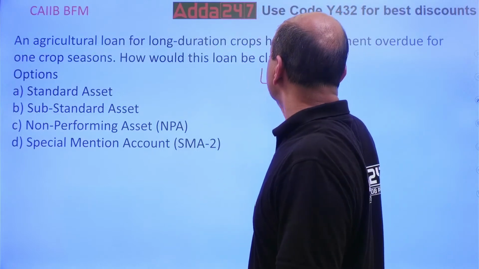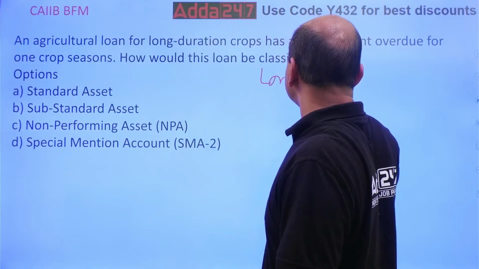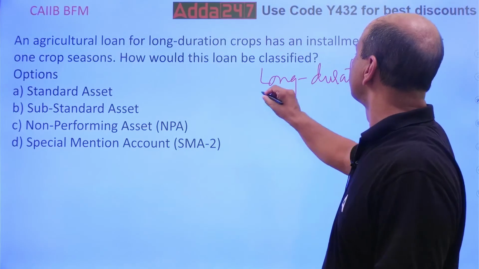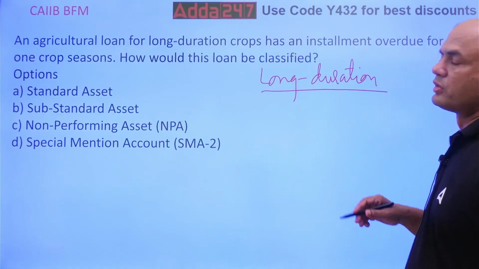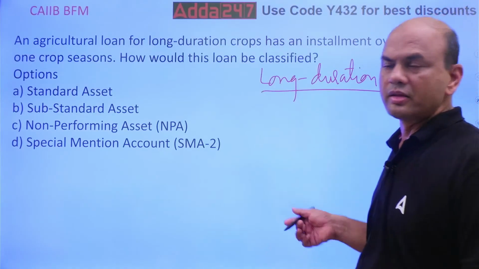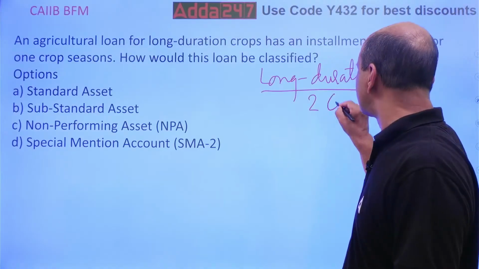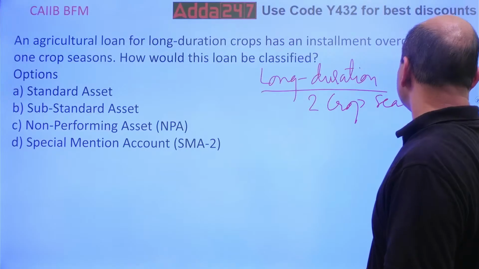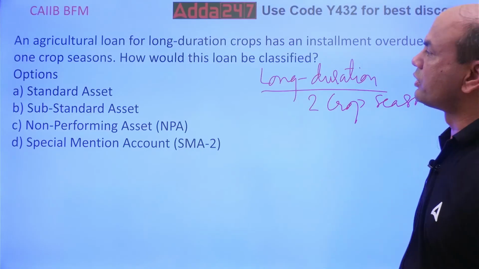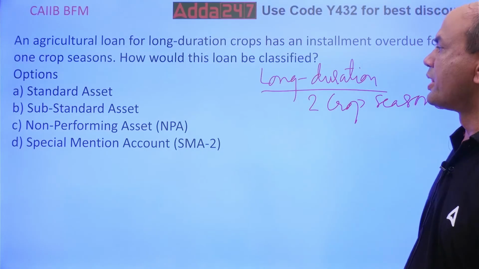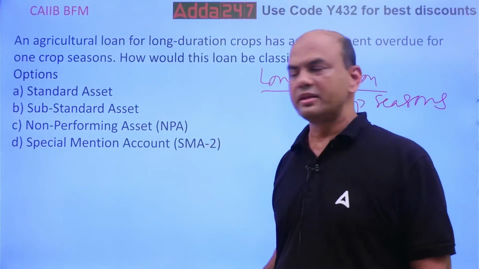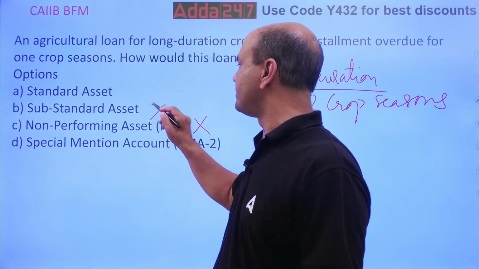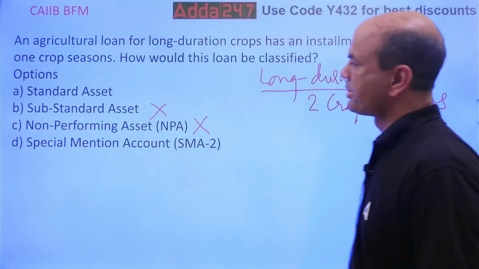Kindly note, long duration crop becomes NPA if the loan repayment is not done for two crop seasons. But here it is overdue for only one crop season. So NPA is out. Substandard means NPA only. That is also out.